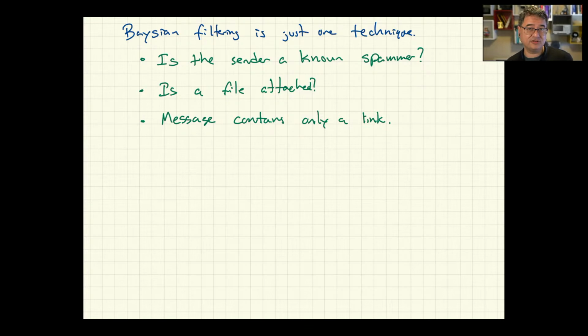How about if the message contains just a link? Just something for you to click on. That's a giveaway. A really common one is to include in the email message a very small image. In fact, so small you can't even see it. It's a 1 by 1 pixel image, usually transparent.